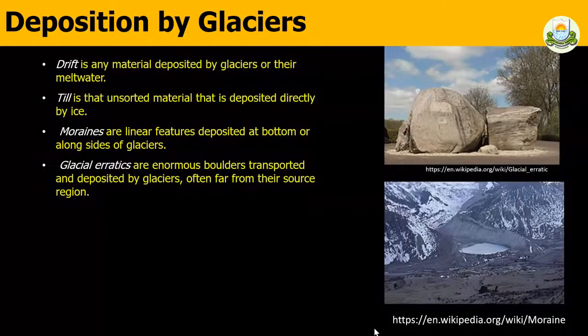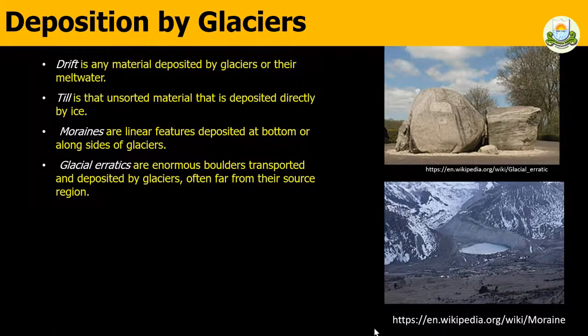So the deposition by glaciers is very essential to understand all of environmental archaeology, and it's very well known that it has had the most founding effect in human history. So what types of depositions are done by the glaciers? Drift is any material deposited by glaciers or other meltwater.